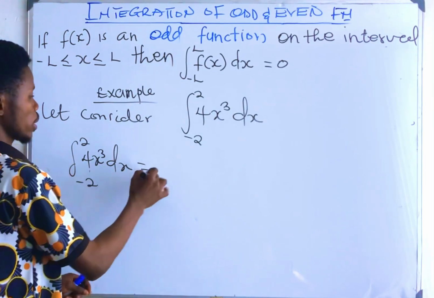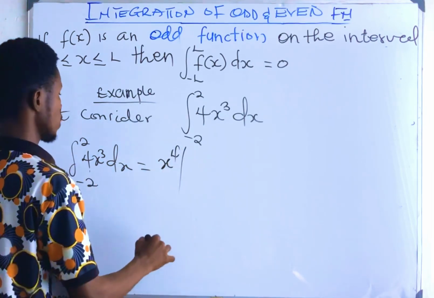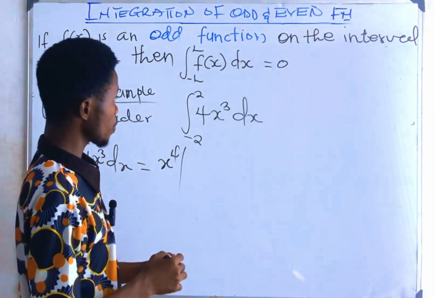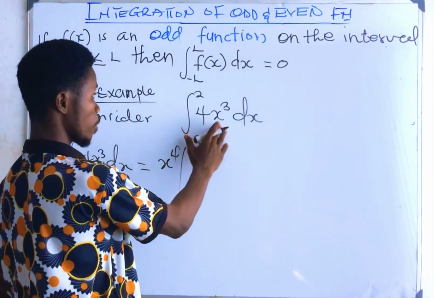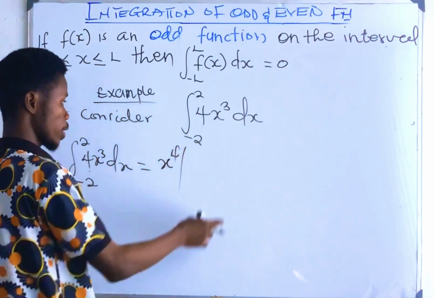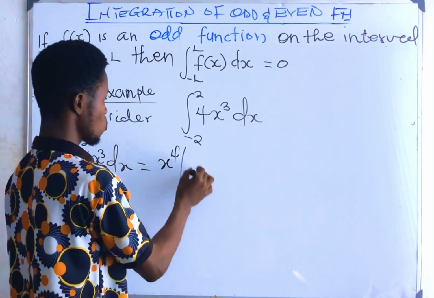I'm going to integrate this. This will give me x to the power 4. Someone might be saying that I'm going to take a bigger function for it to solve. This is an example, okay? So I have negative 2 to 2.